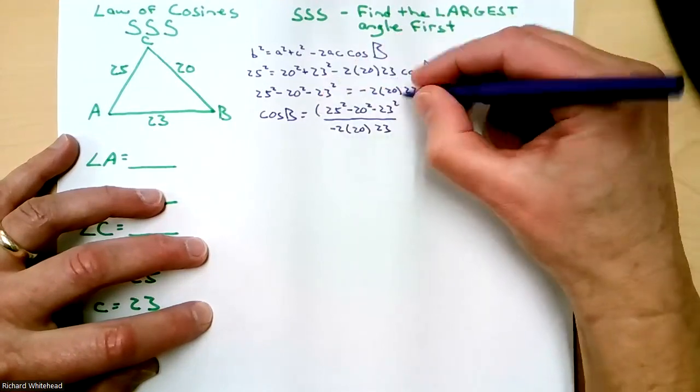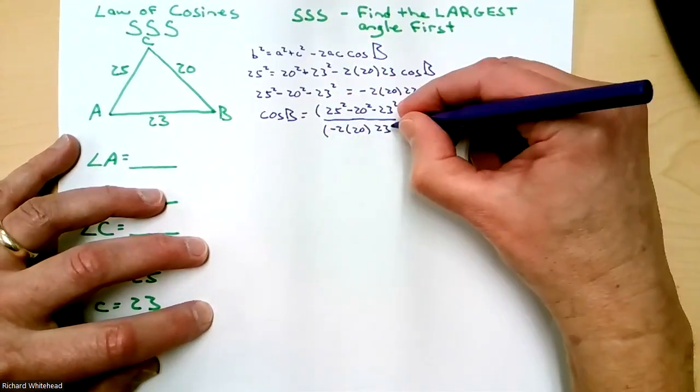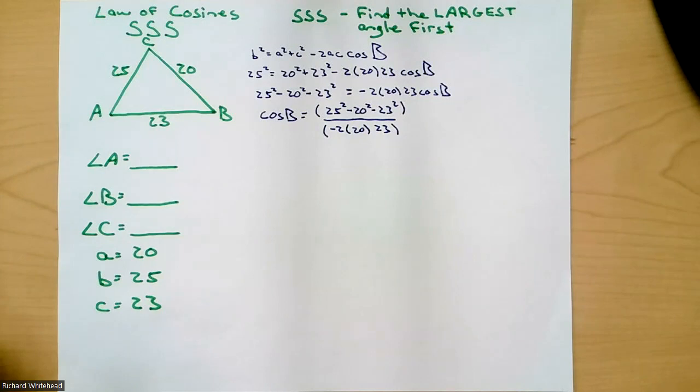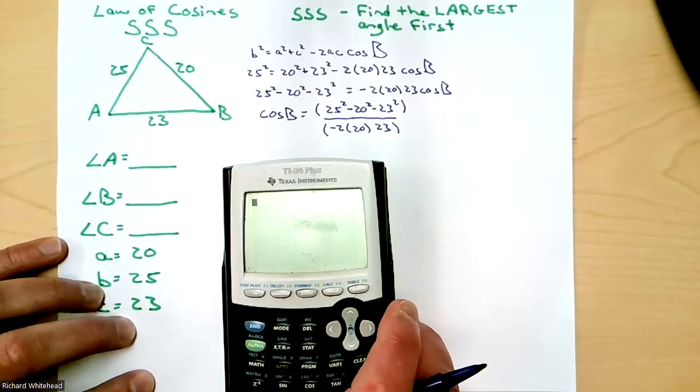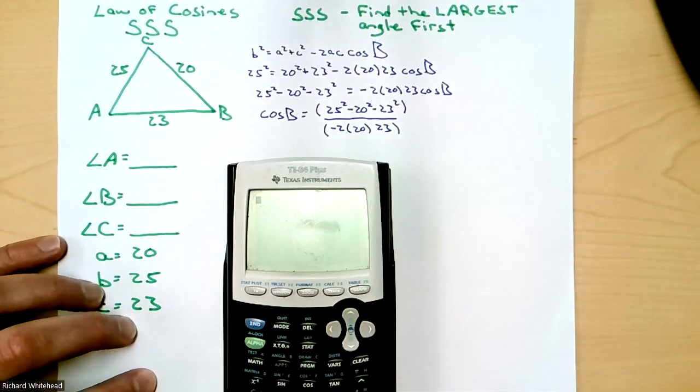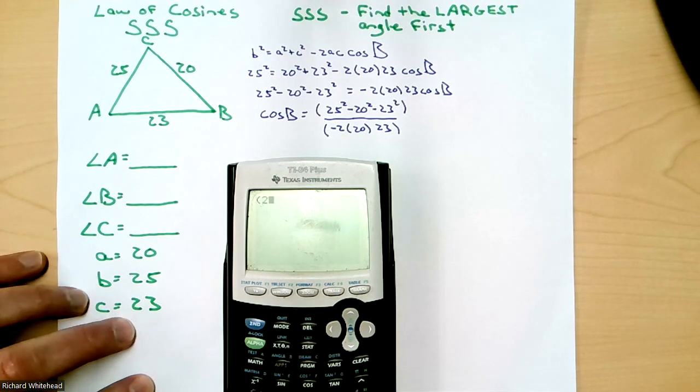So what I would recommend is put that in parentheses, because when we do the calculator, here's what I would do. Open parentheses, 25 squared minus 20 squared minus 23 squared.